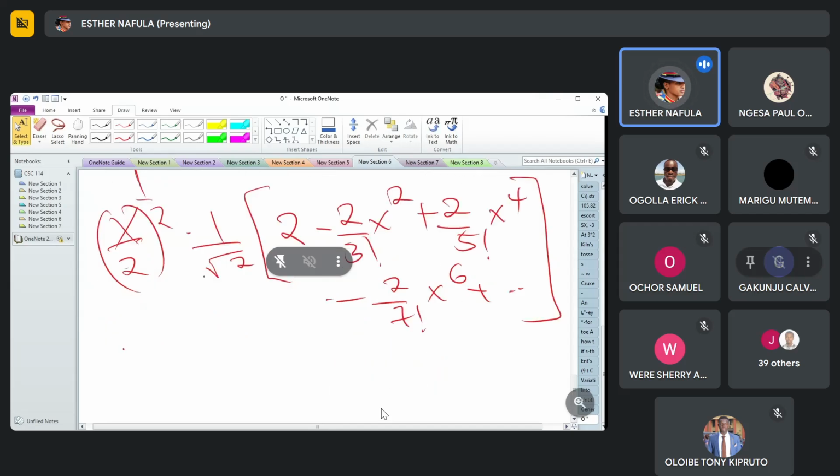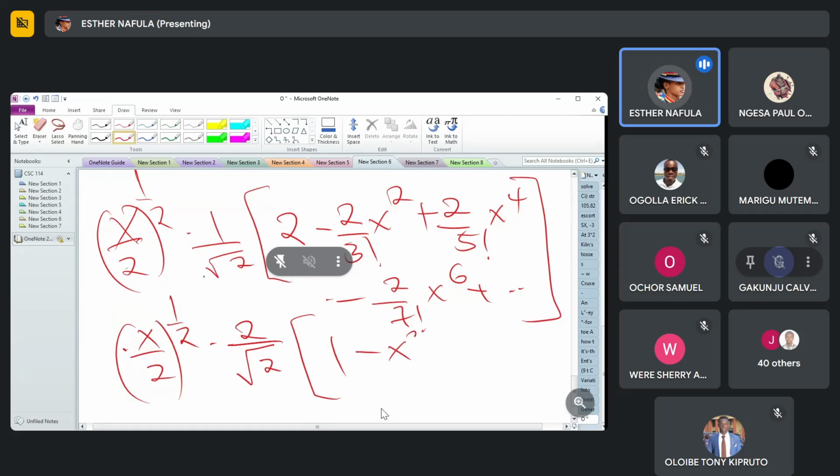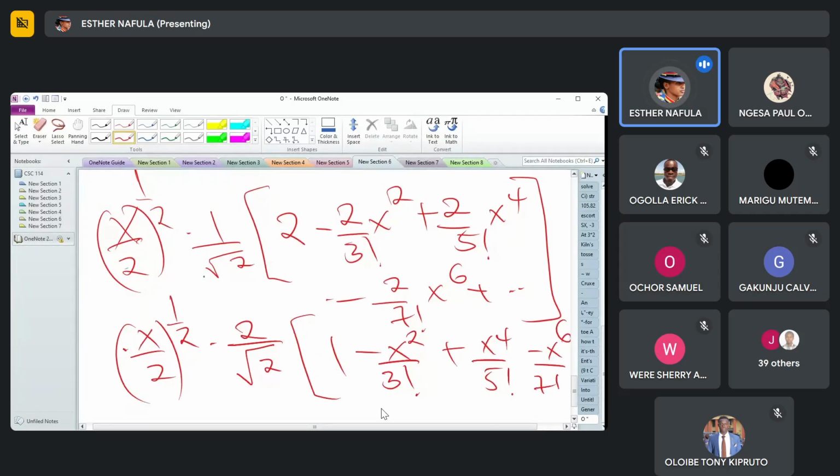Factor out the 2, and get x over 2 raised to power half times square root of 2 into 1 minus x squared over 3 factorial plus x power 4 over 5 factorial minus x power 6 over 7 factorial, and so on.